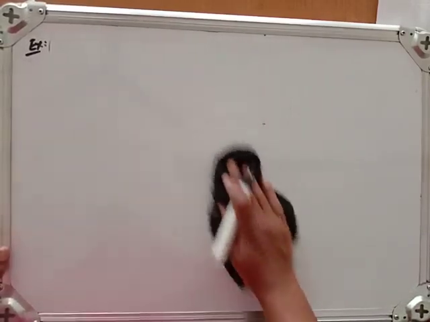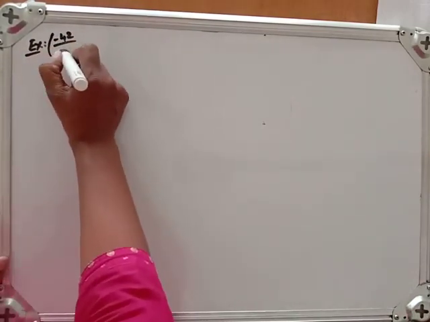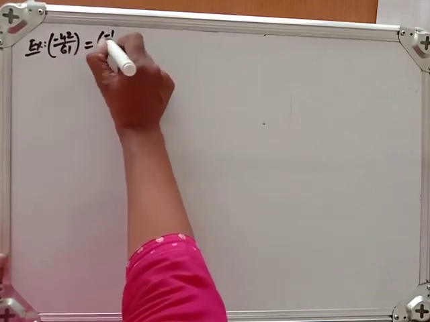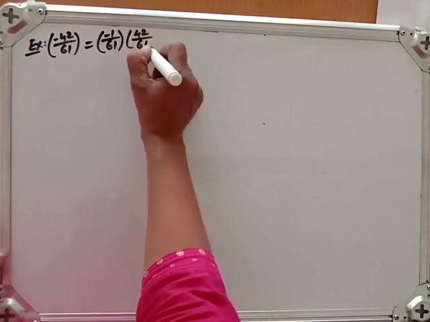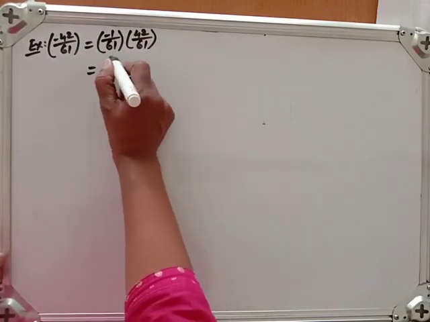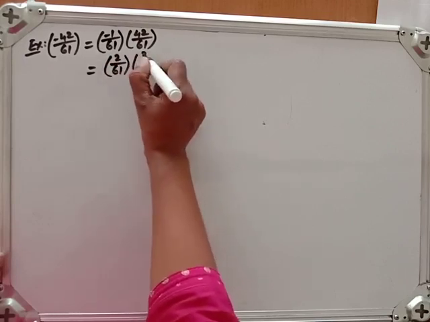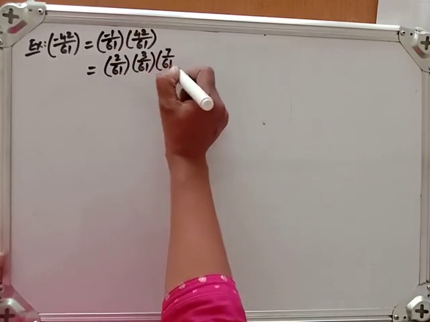Now the next one, the Legendre symbol of minus 42 upon 61. So this is the Legendre symbol of minus 1 upon 61 into 42 upon 61. That is equivalent to the Legendre symbol of 2 by 61 into 3 by 61 into 7 by 61.